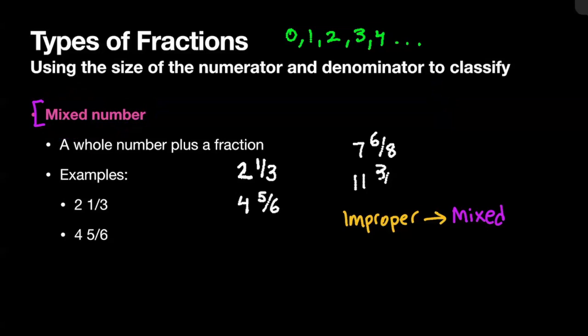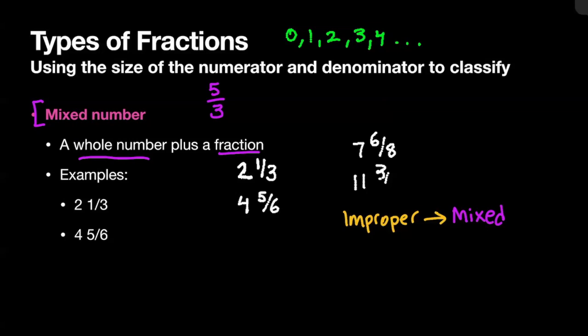Let's try 5/3. We see the numerator is bigger than the denominator, and we want to write this as a mixed number. For a mixed number, we need one whole number and we need a fraction.